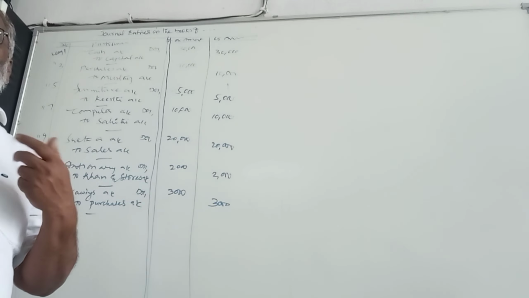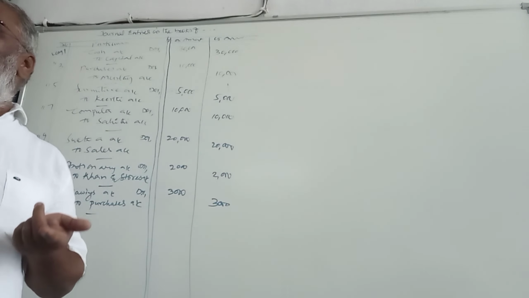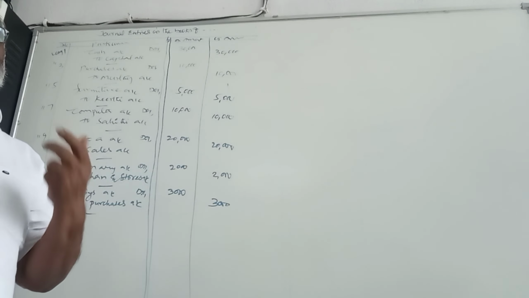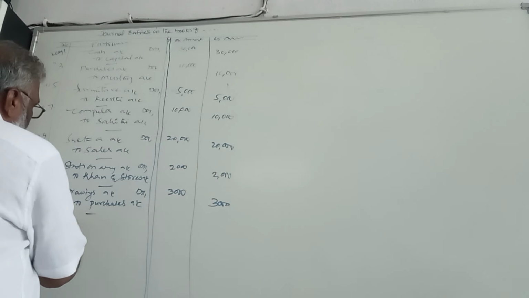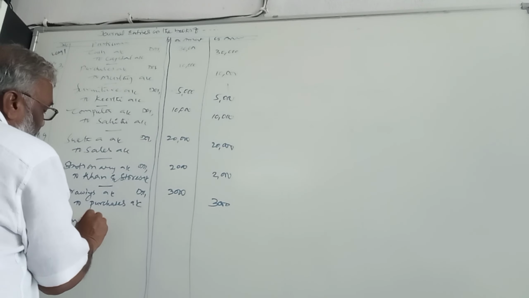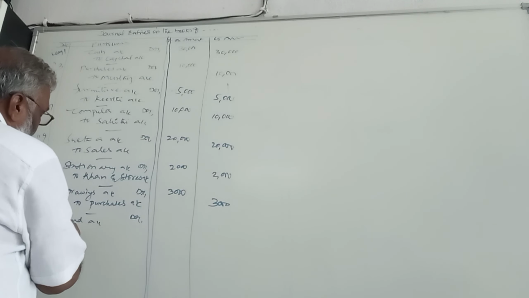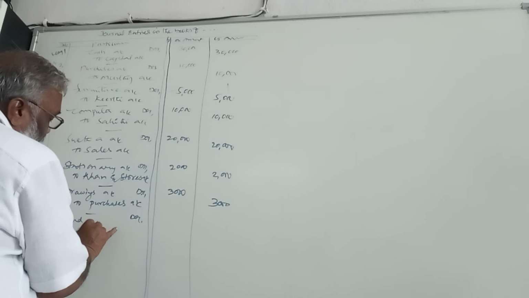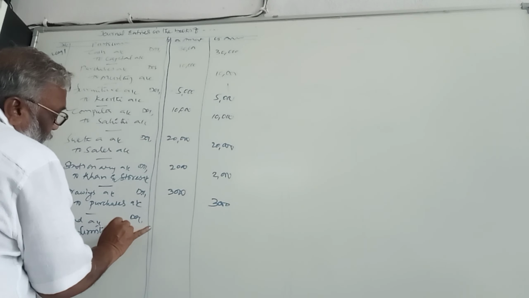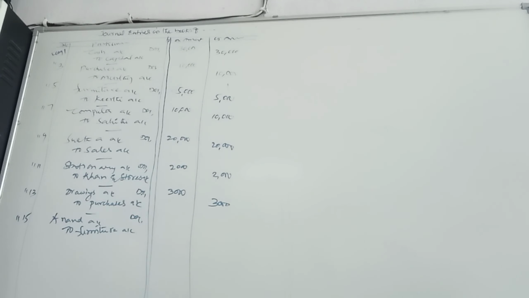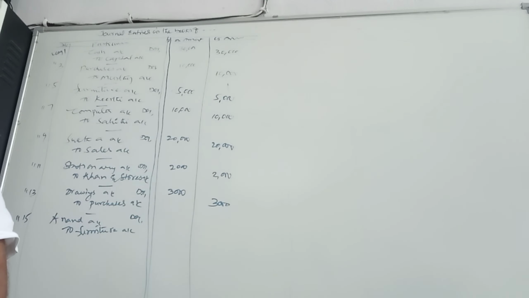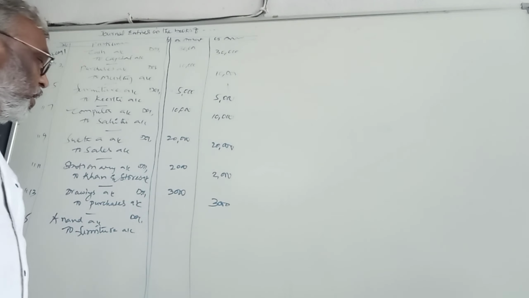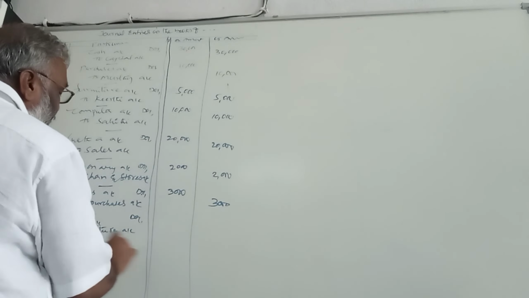Anand account debit to furniture account. Don't write sales in this transaction. We sold furniture. An asset is sold to Anand. That is why the entry here is Anand account debit to furniture account.